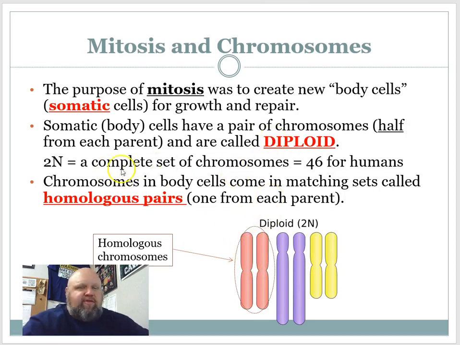So for every set of chromosomes, we have a 2n number of chromosomes, 2 times the number. Here's chromosome 1, and there's another one. Here's chromosome 2, and there's another one. So for 2n, we would have 46 total chromosomes. We have 23 pairs of chromosomes, 46 total.